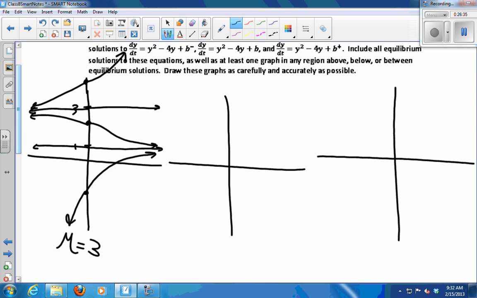And then for mu equals 4, I had one single equilibrium point at 2, which was a node, right?